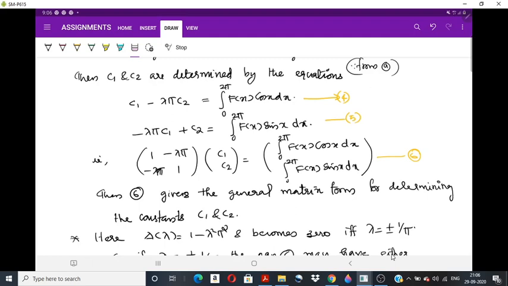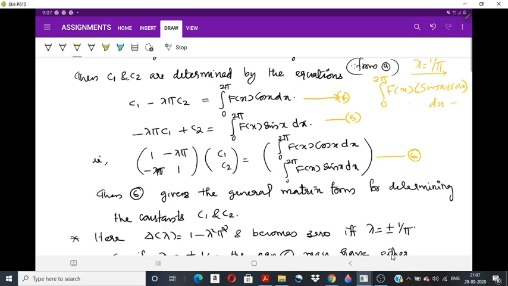So in one way we can show that, but in order to find the solution we have to proceed like this. We can check whether this has a unique solution or infinitely many solutions by considering the integral 0 to 2 pi f of x into, for lambda equal to 1 by pi, the corresponding characteristic function, sin x plus cos x. So f of x into sin x plus cos x dx.